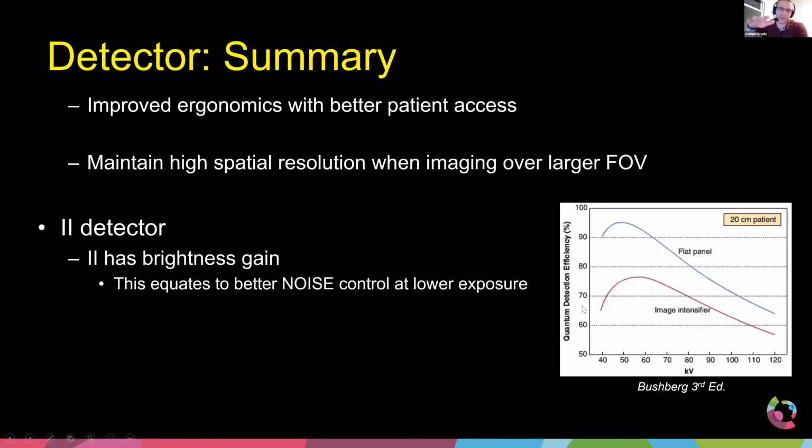So there comes a point where you keep lowering the dose on a flat panel system, and we'll talk about this next week, but you get to the point where if you get too low, the image is just going to be noisy and there's nothing you can do about it. You can't bin anymore. You don't want to bin because of spatial resolution. But because of the II detector's brightness gain, they are really good at imaging at really low doses.